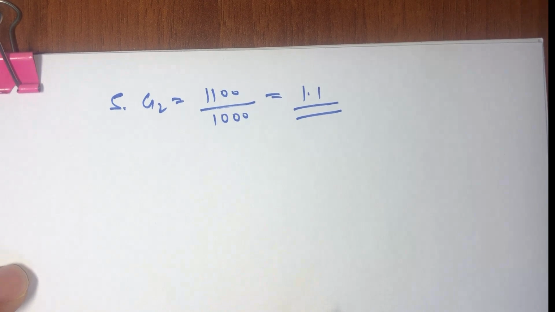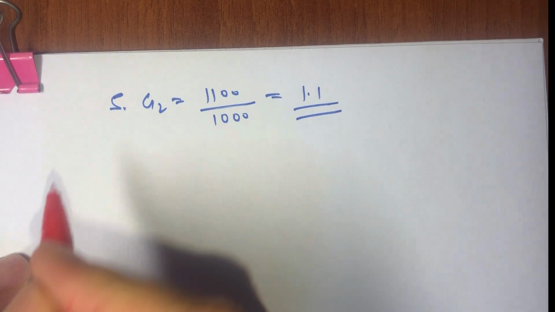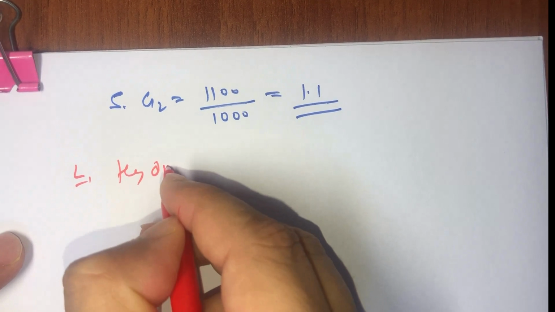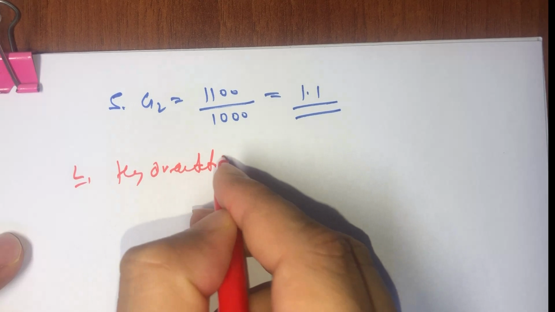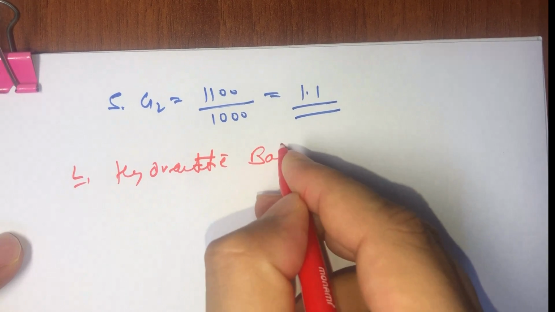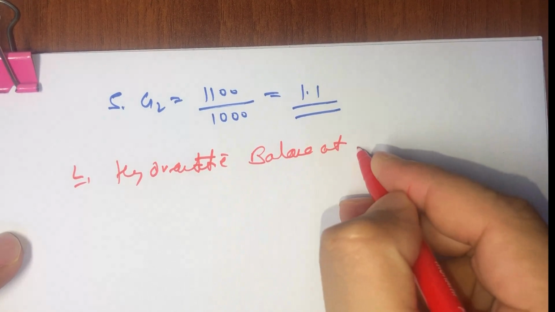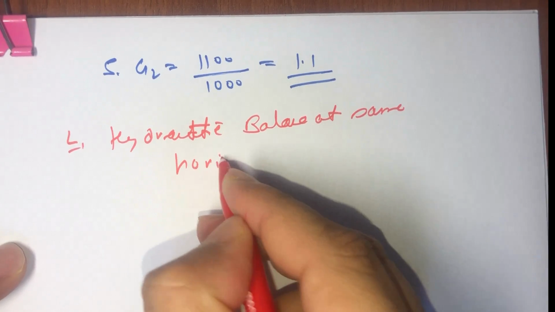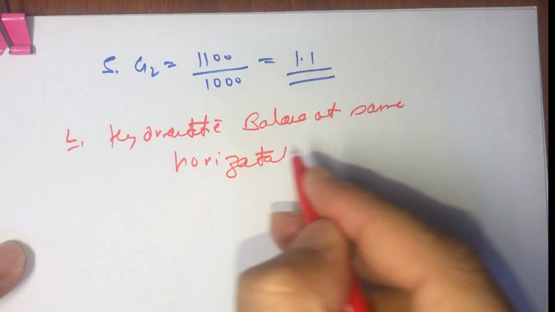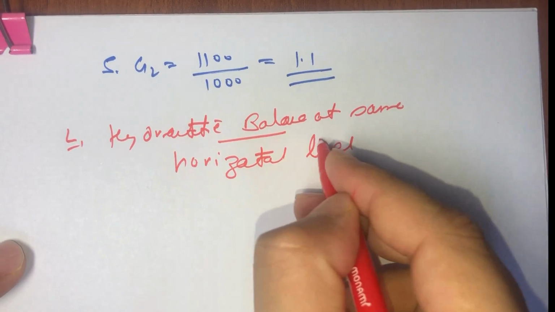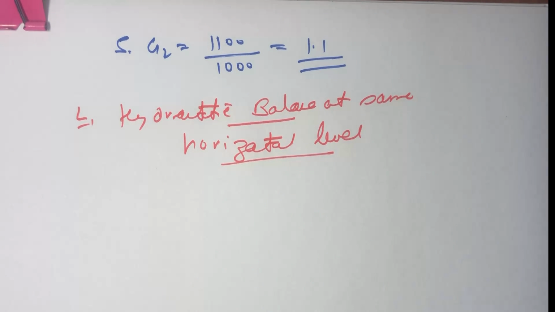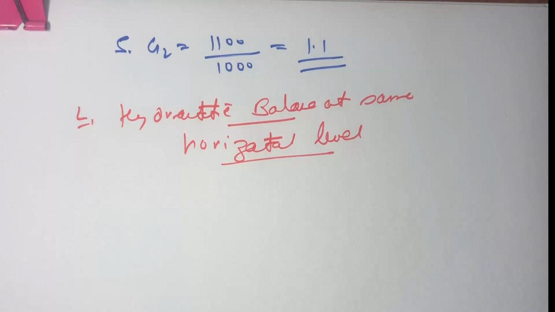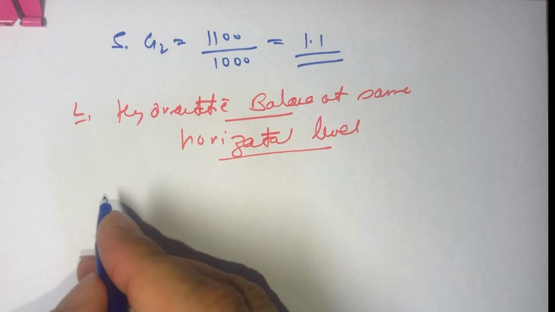Now we can use the hydrostatic balance at the same horizontal level. So it means pressure on the left will be equal to pressure on the right at the same level.